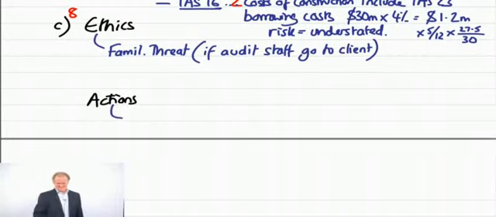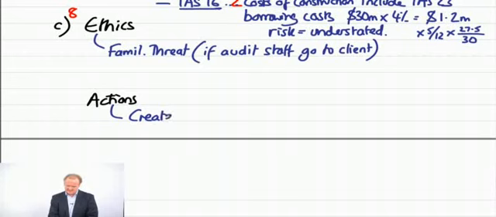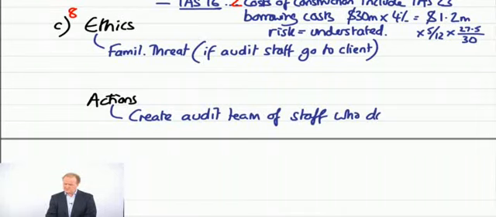Actions. With regard to this familiarity threat, well, you're going to have to try to create an audit team of staff who don't know Bob.